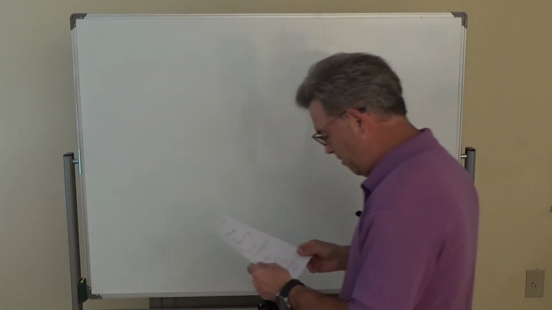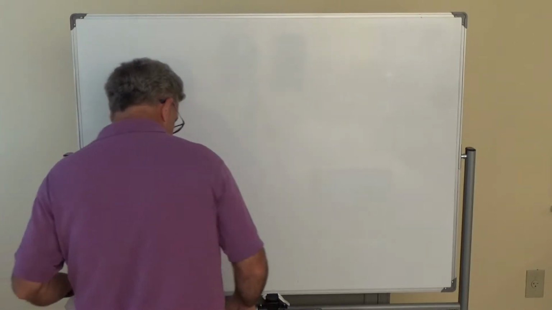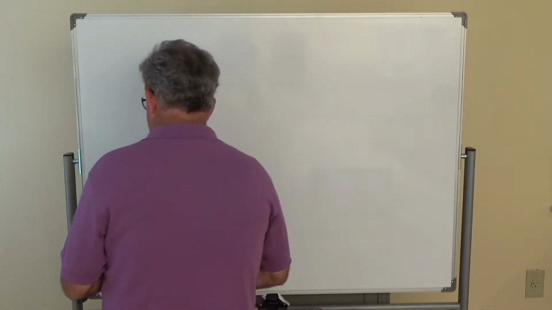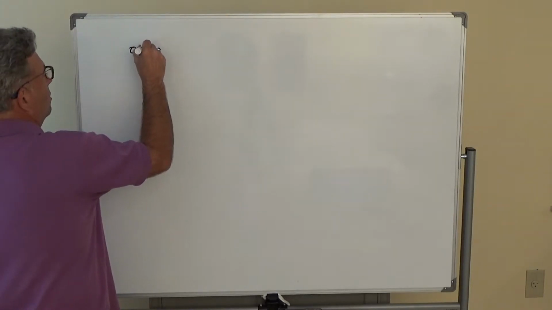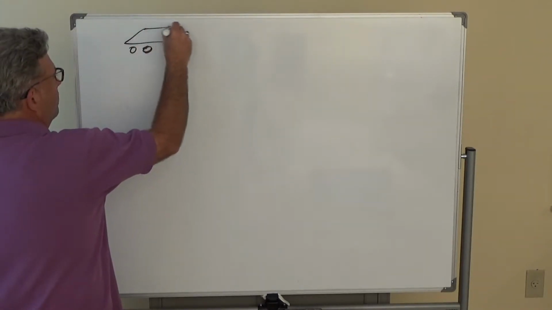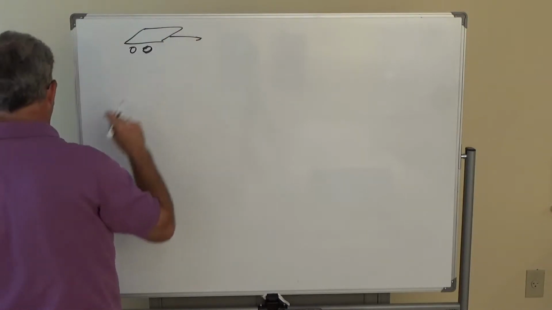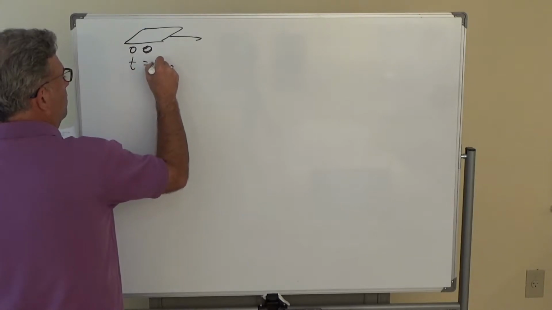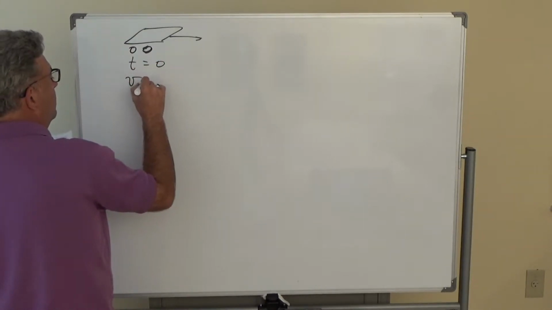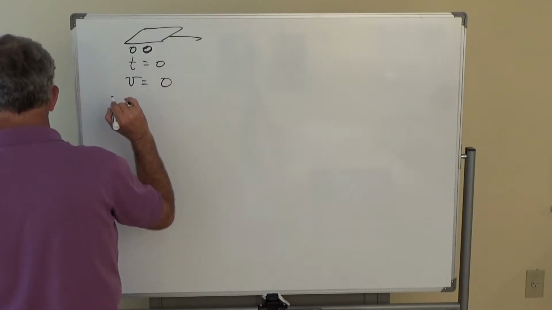Okay, here comes another car. Let's say that this car, or cart, or whatever you want to call it, starts out at t equals 0, v is equal to 0.